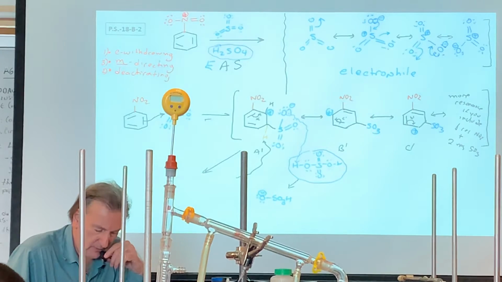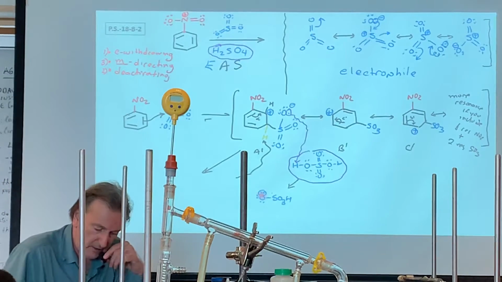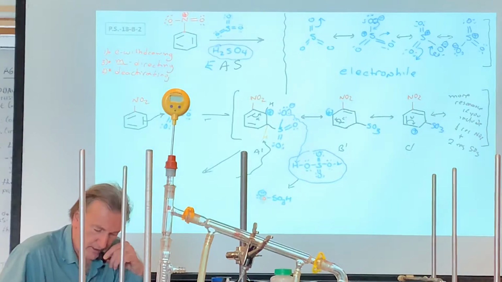Somebody can argue that these are all in equilibrium. Anyhow, you need some of these pieces floating around to pick it up. So this comes and picks up the hydrogen that I was talking about earlier.